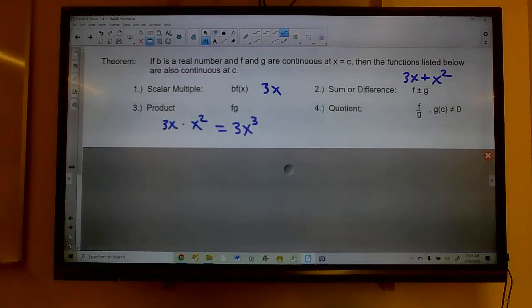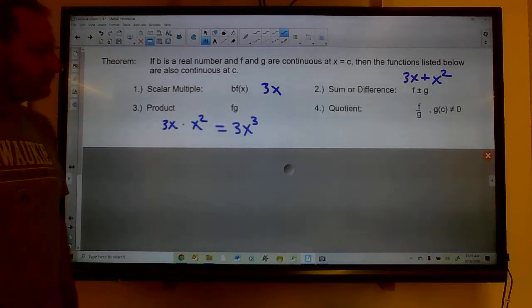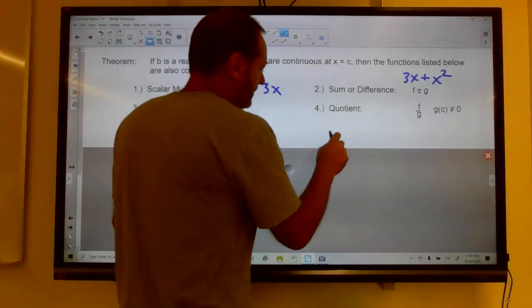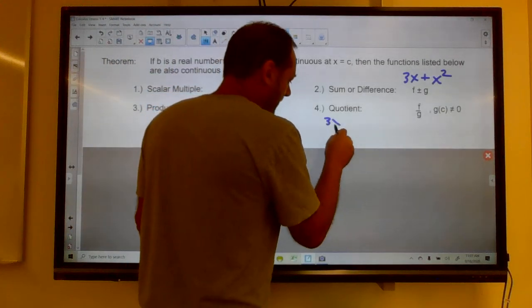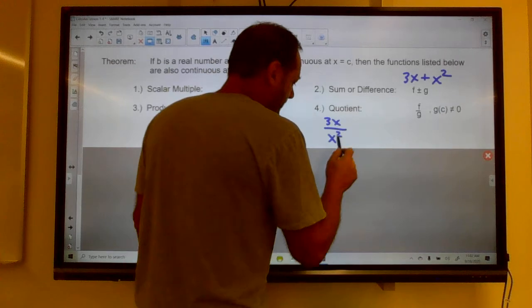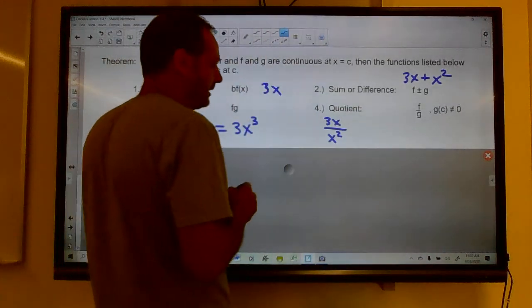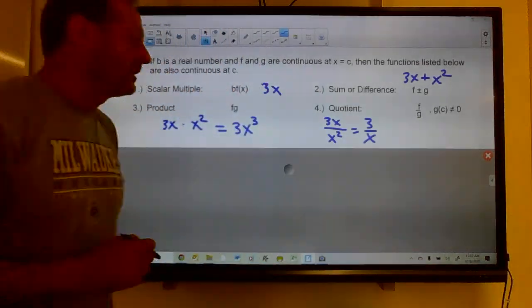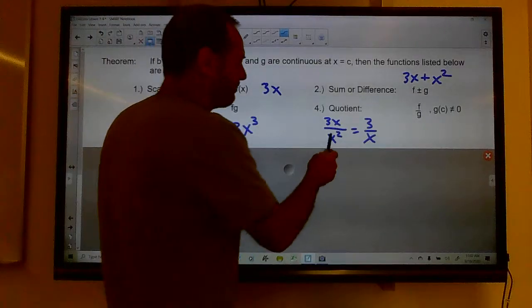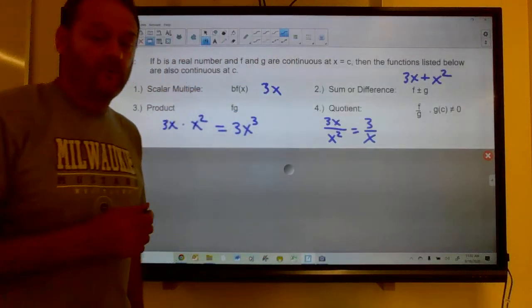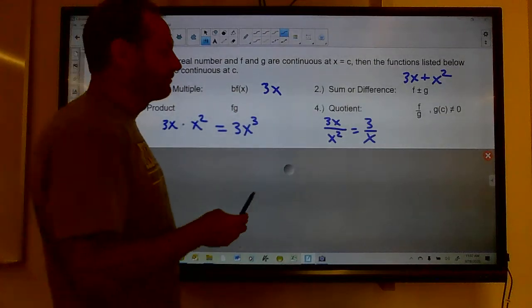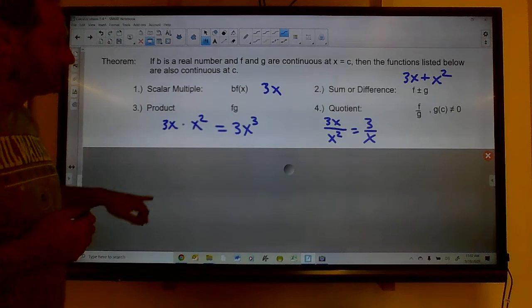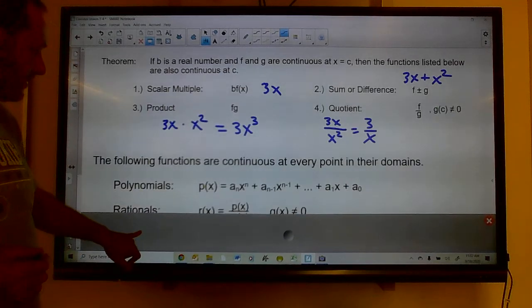It is also continuous. And finally, if I divide them, so let's say I took 3x over x squared, and I simplified this. This is going to be continuous everywhere where this bottom is not 0. So you always got to watch out for things that have quotients in them.